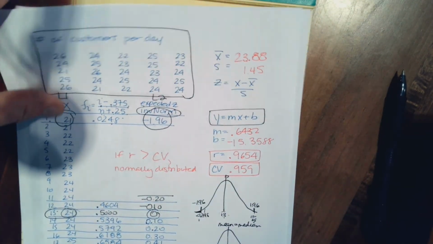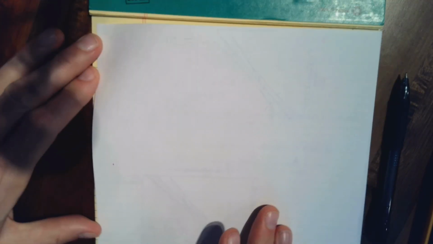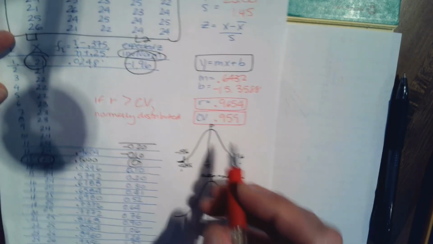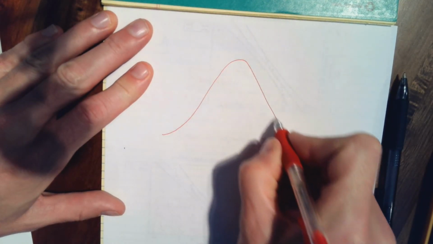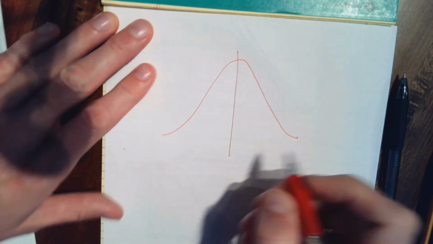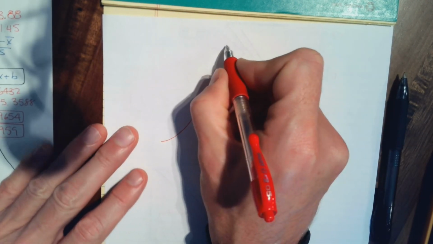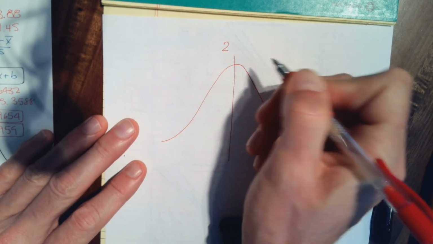So if I wanted to get a picture of what this distribution looks like, I have information that says it is normally distributed, so I might want to picture that. I can draw a normal curve, and in this case I can say that the center here is at 23.88.